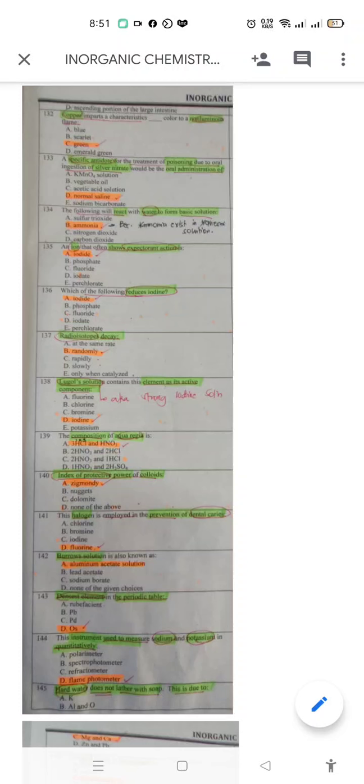Number 136. Which of the following reduces iodine? Is your iodide. So, your iodide ions reduce iodine. Number 137. Radioisotopes decay randomly.